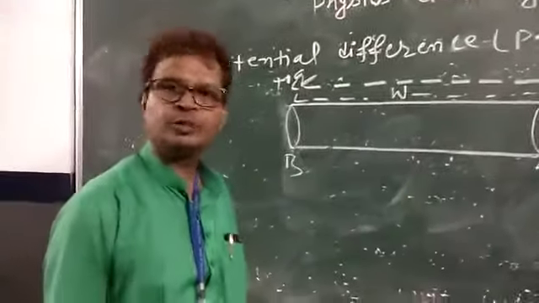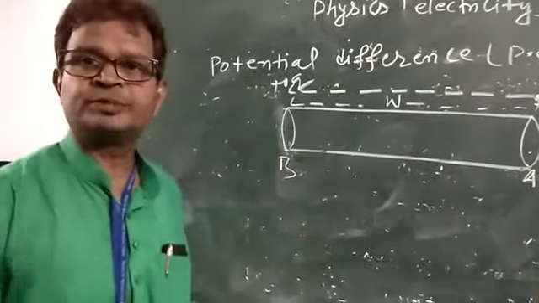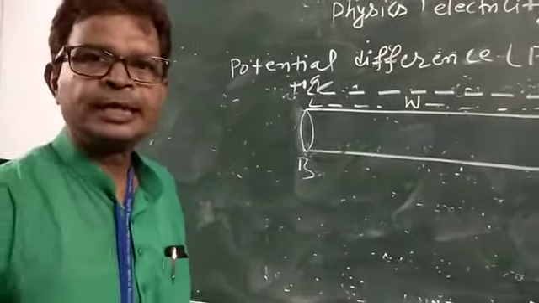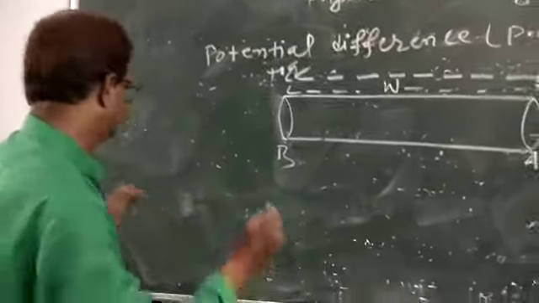According to the definition of electric potential, the work done in bringing unit positive charge means one positive charge. Let's have the expression for PD or potential difference.